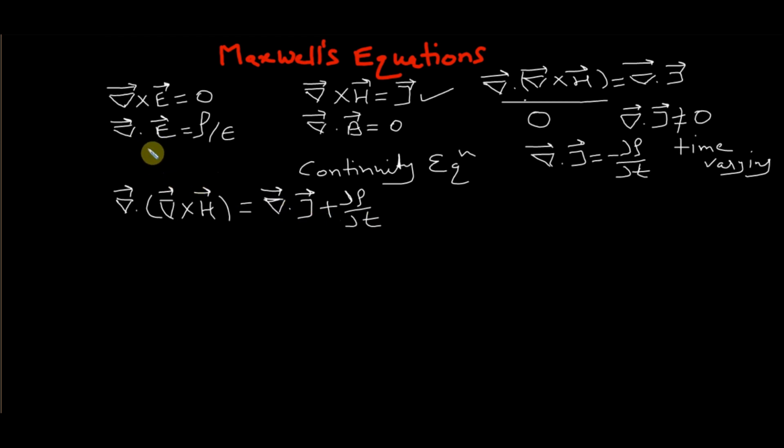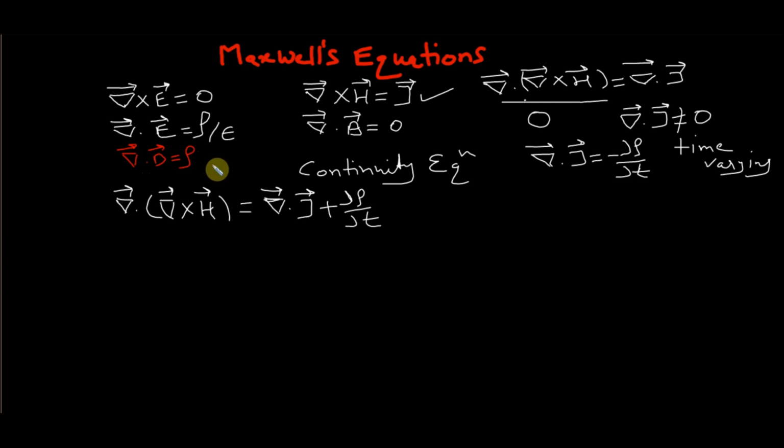Now we also know from the above equation that the alternative form of del dot E equals rho upon epsilon is del dot D is equal to rho.